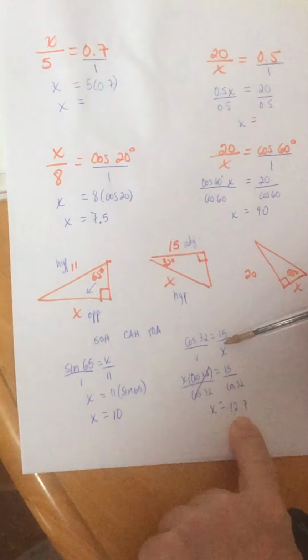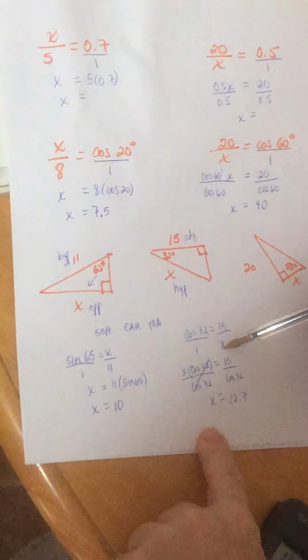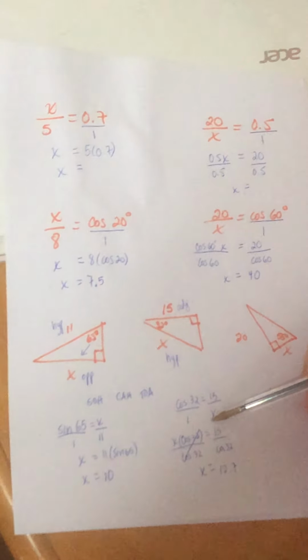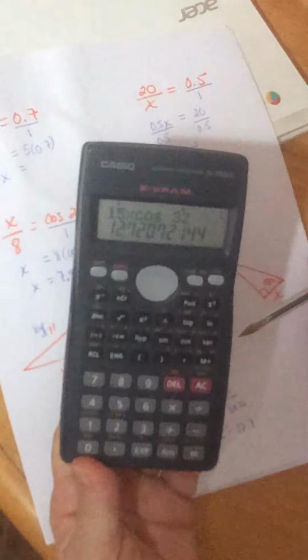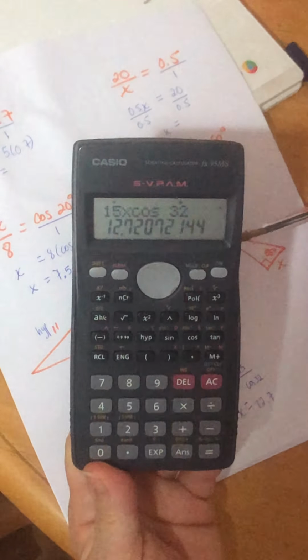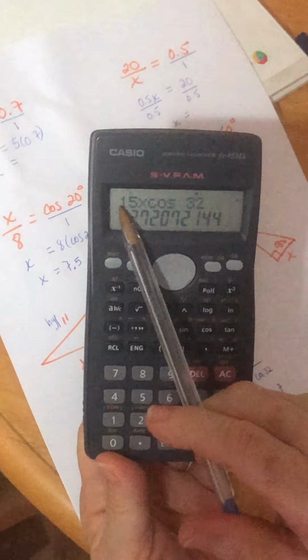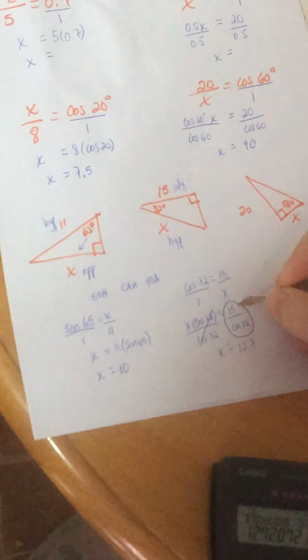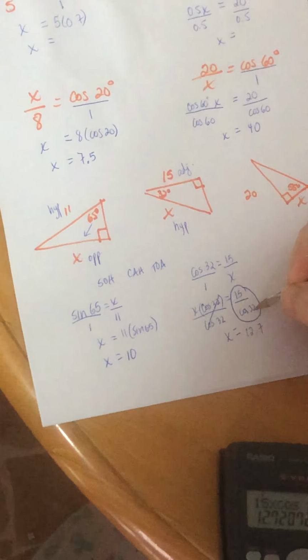Adjacent over hypotenuse. Maybe did I punch something wrong? Yes, I did. Oh, look here, how interesting. I put 15 times. And look what it says right here. 15 divided by.